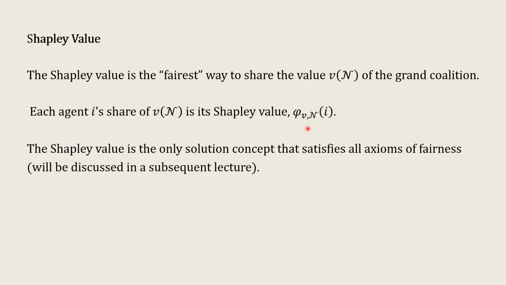And this is in some way the fairest way to share this total value. The Shapley value is the only solution concept that satisfies all axioms of fairness, and we will discuss that later. But what this means is that the Shapley value is unique.